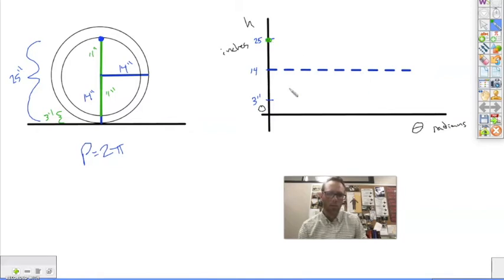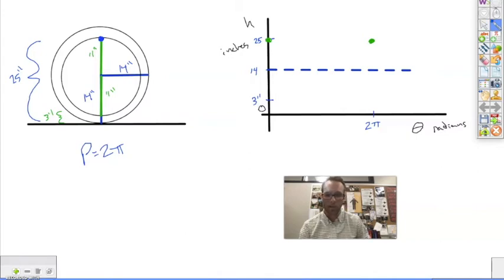It needs to return back to the top in a period of 2 pi. So I'll just put 2 pi right there. We know that we need to be back at 2 pi radians. Where is it going to bottom out at a height of 3 inches?